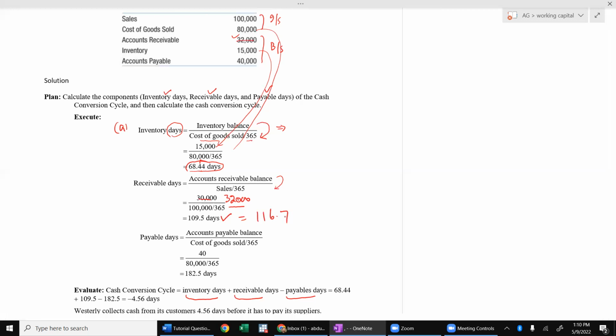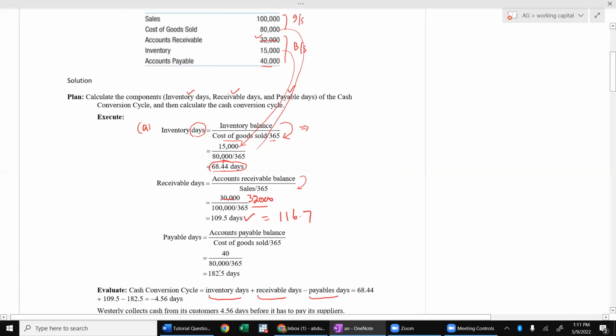Then we have payable. Account payable is 40,000. 40,000 divided by 80,000 times 365, and we will get 182. Normally I do check the information. It's my bad.